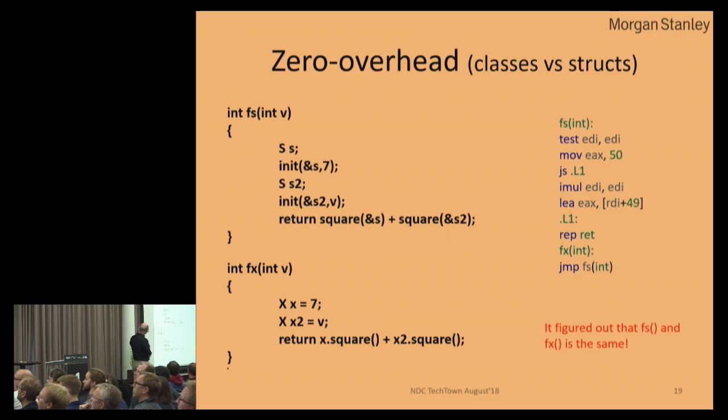There is a use of the struct, and there is a use of the class. And I was very pleased to know that the compiler figured out it was exactly the same code. It's just a surface change.